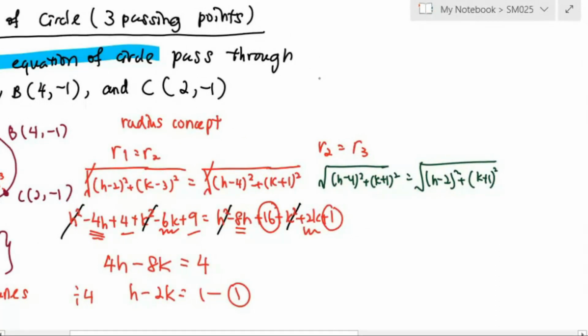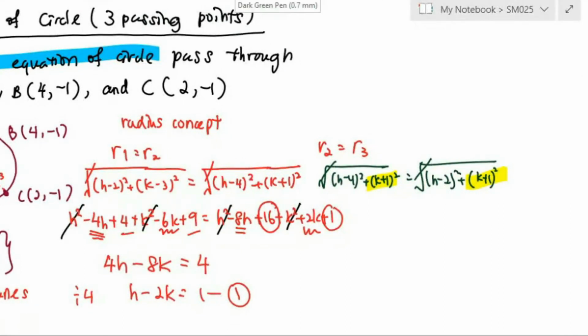We repeat the process for R2 equals R3, where the square root can be removed, then we expand. You can see here (h minus 4) and (h minus 2) are different, so we have to expand. But we can see the (k plus 1) square terms are the same, so they cancel off.